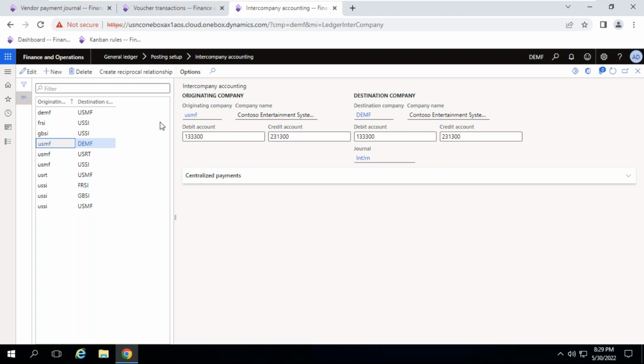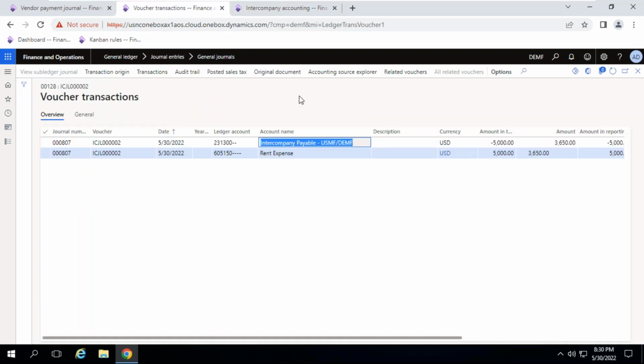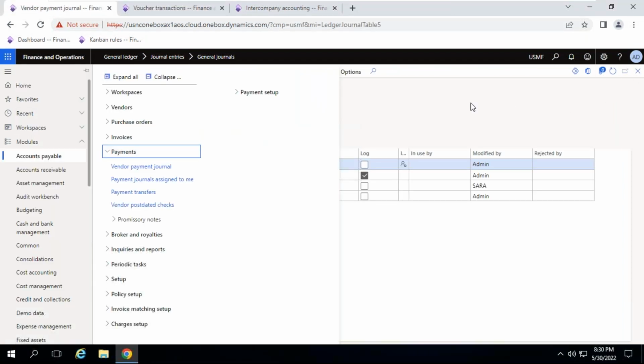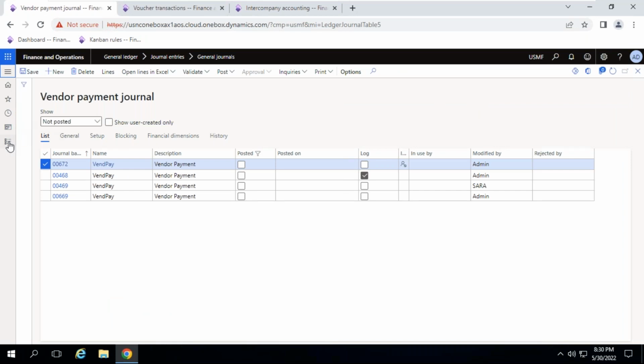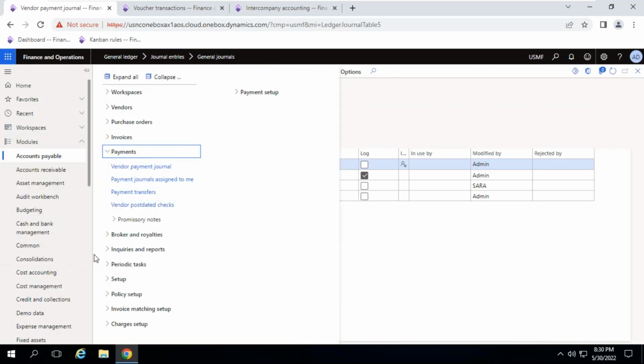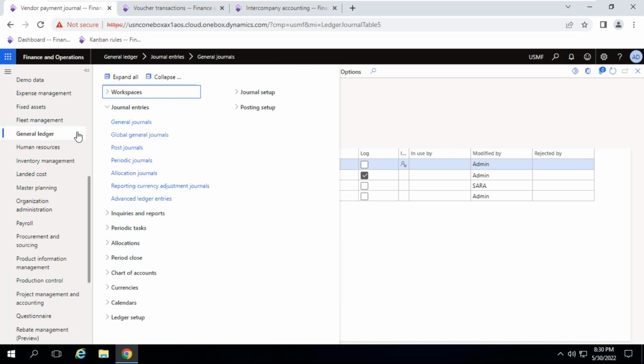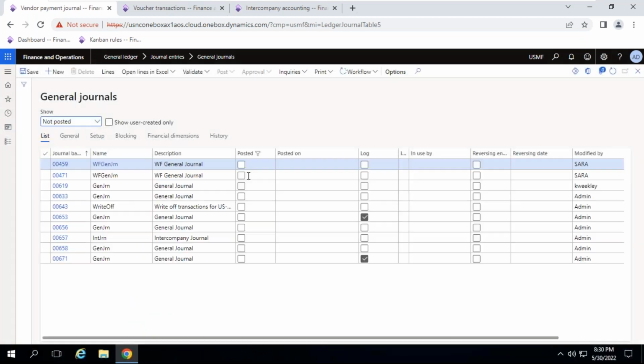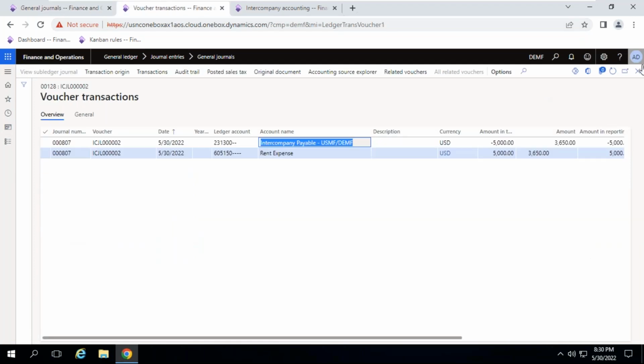I'm saying, sir, that intercompany journal you are showing, do we have to create this setup prior to that? Are you talking about this intercompany setup? No, sir, one more journal is there, right? In the USMF company journal you are posting one entry, then automatically. Are you talking about the origin or destination, this DMF company?